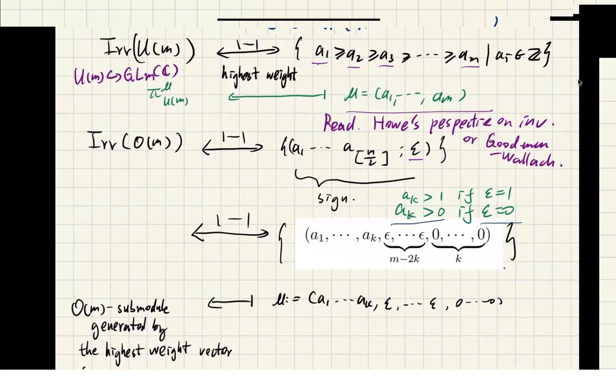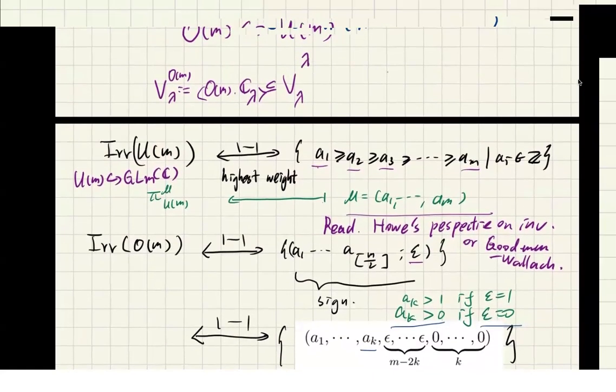And if epsilon is equal to 1, then you require that AK is bigger than 1. It's kind of weird. Okay, so how do you understand this situation?